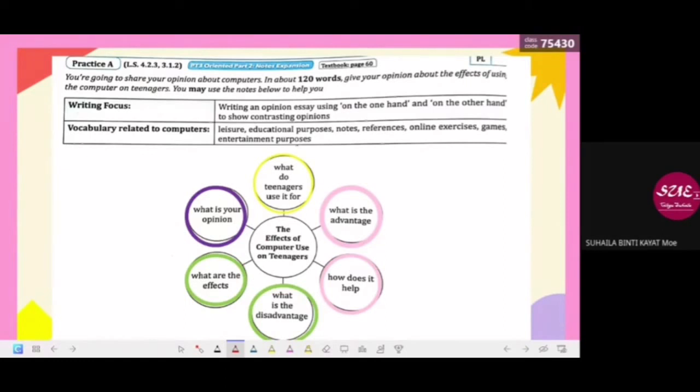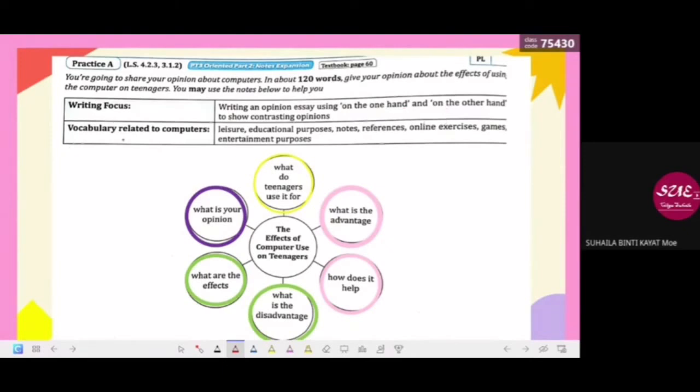Okay, I'm giving you the layout. Okay, the writing focus. Writing an opinion essay using on the one hand and on the other hand to show contrasting opinions. Yang saya cakap tadi lah. On the one hand is the positive side, on the other hand maybe the negative side.